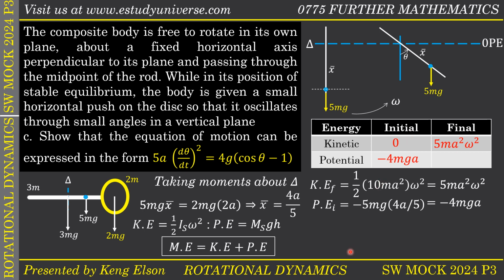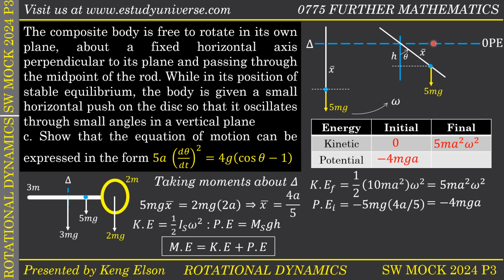Now we need to find the final potential energy, but to get the final potential energy we need to take the mass times g times h. What is h? h is the distance from the center of mass of the body in its final position to the line of zero potential energy, and it's actually this distance.